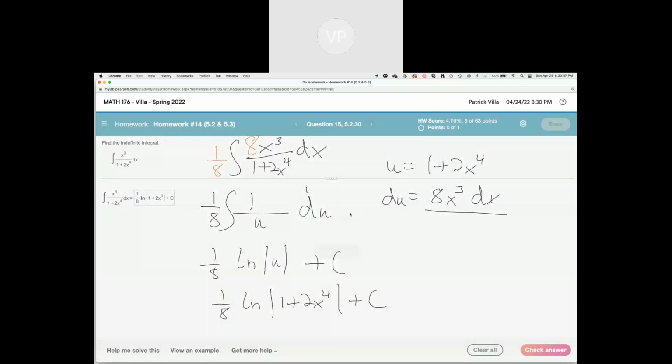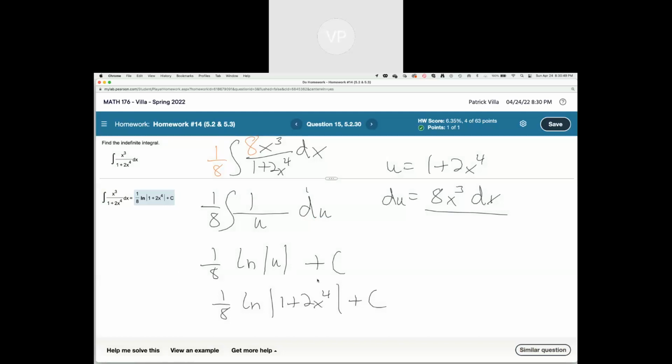All right. And another thing, while you're pausing and checking this out, one thing you can always do, it's going to take a little while, but if this is an exam, you can always take the derivative of this answer. The c doesn't matter on the derivative. The derivative of natural log is going to be 1 over 1 plus 2x to the 4th, then times the derivative of this, which is 8x to the third, the 8's will cancel, and you'll end up with the same original problem.